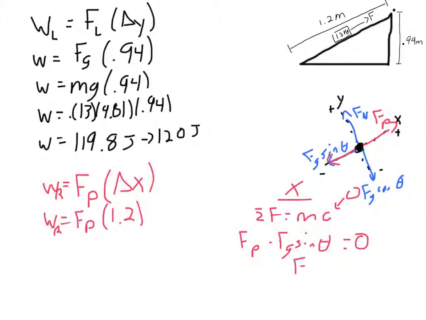So that means FP equals FG sine theta, and so FP equals MG sine theta.